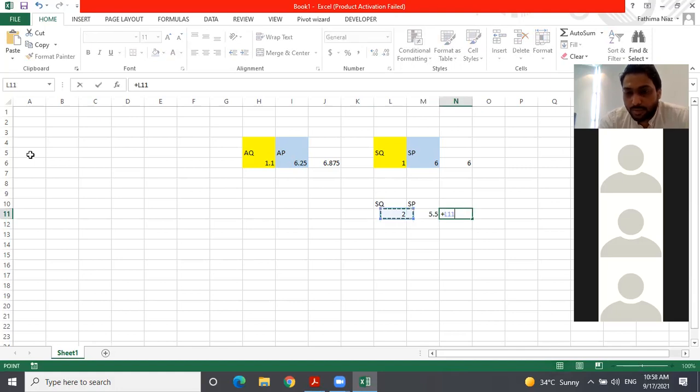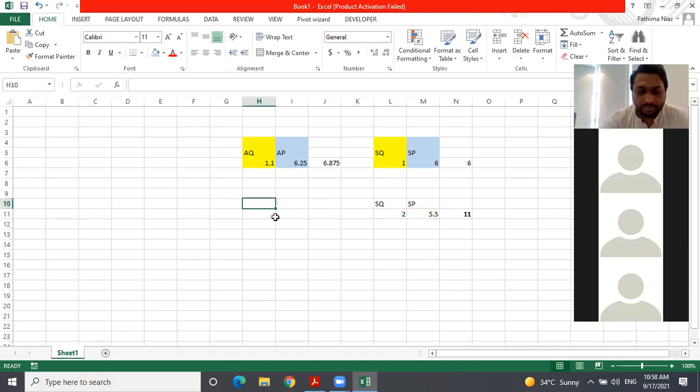So how much should the cost be? It will be 11, right? Then actually what happened: actual quantity and actual price. When I purchased, the price was different, it was $6. So when we do the budget comparison, we will not get these figures. We will not get what is the actual price and actual quantity. This is not available.